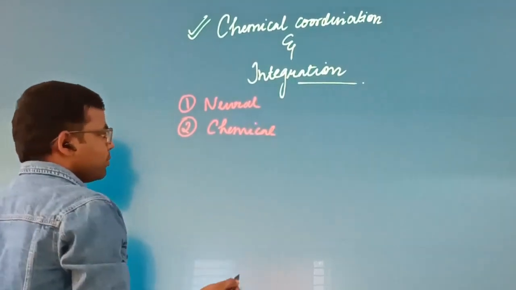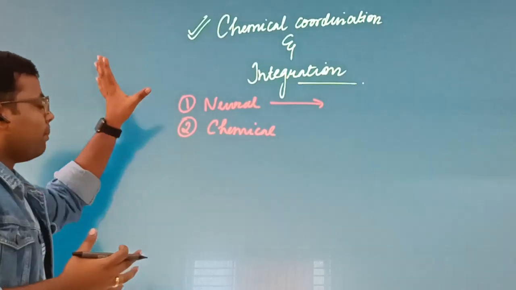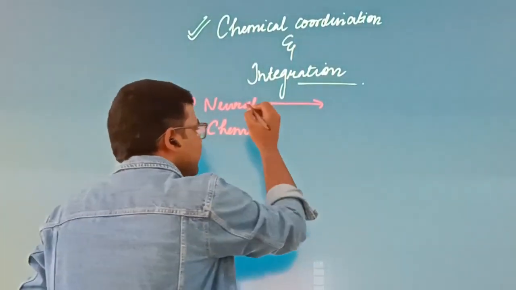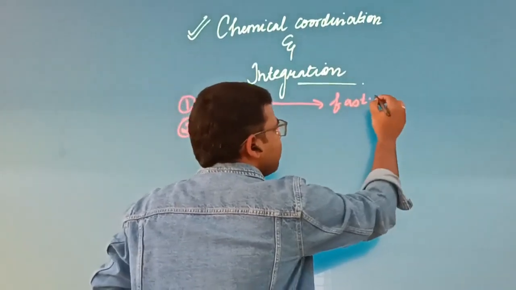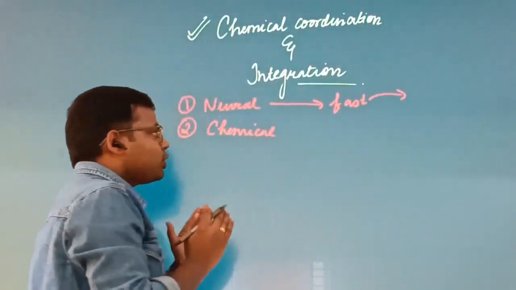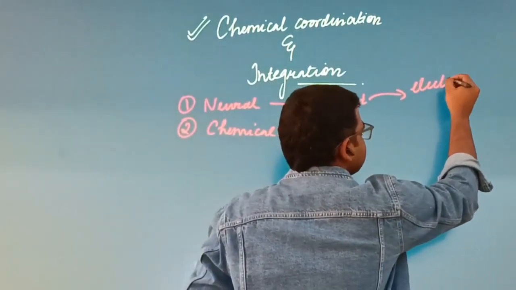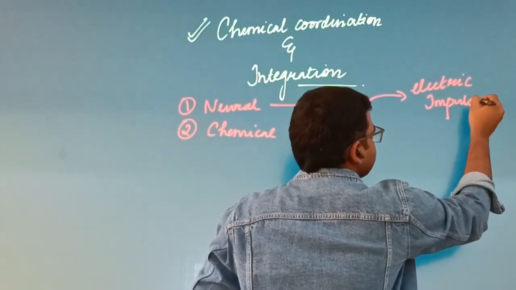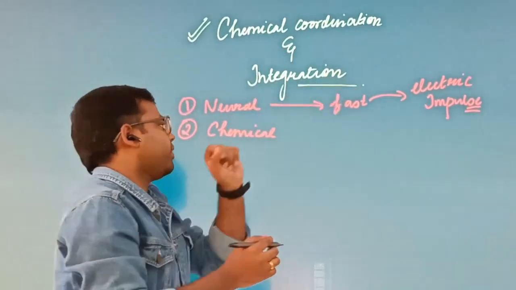This neural system is actually your complete nervous system, your brain, spinal cord, and whole lots of neurons in our body. And this neural system is very fast because the impulses are passed into the body in the form of electric current. Therefore, this neural coordination is very fast.